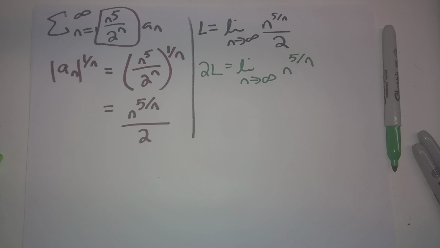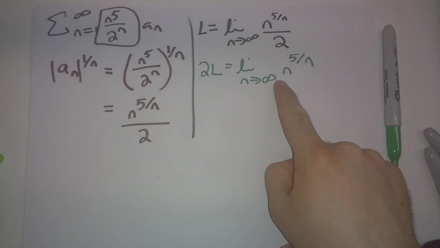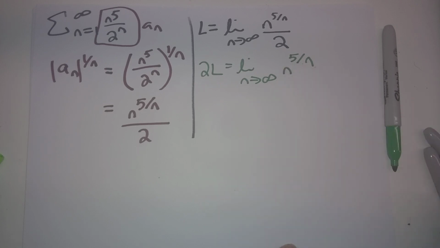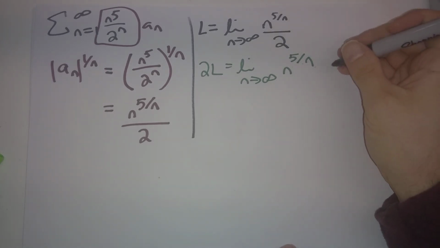So how do we evaluate the limit as n goes to infinity of n to the 5 over n? This looks nasty, and I think it is fair that this is going to be nasty to look at. However, as n goes to infinity, n is going to infinity, 5 over n is going to 0.